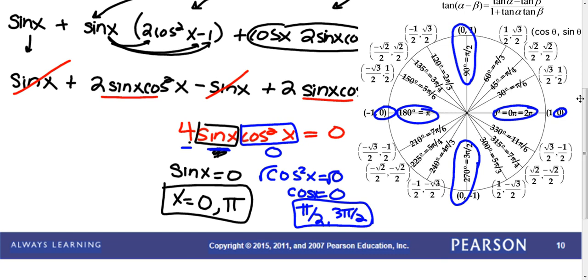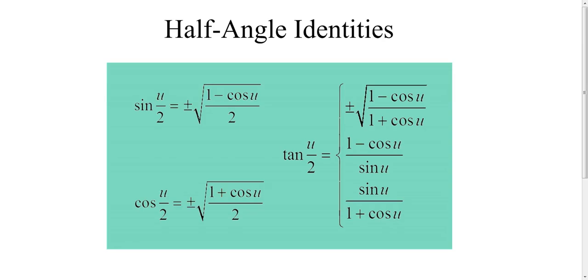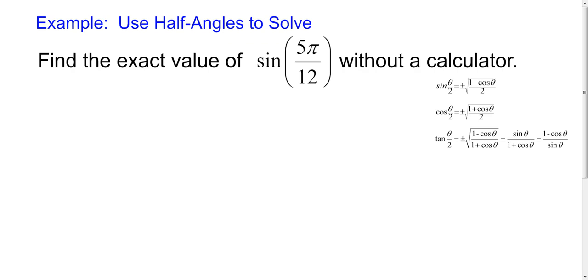Okay, and now we're going to do a couple where we actually have some numbers in there. We are going to use some half angle formulas next. So the first thing I want you to be able to do is find sine at 5 pi over 12. Most people think it's easier if you convert this to degrees, so that's what I will do.